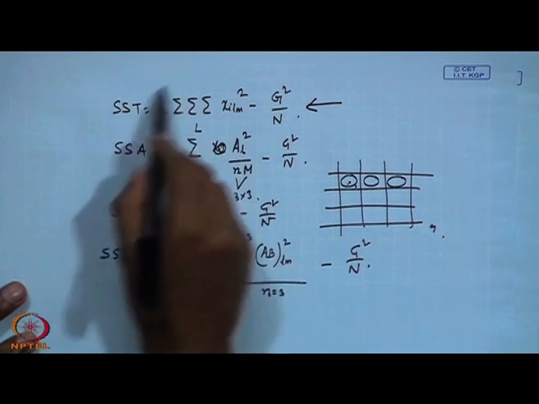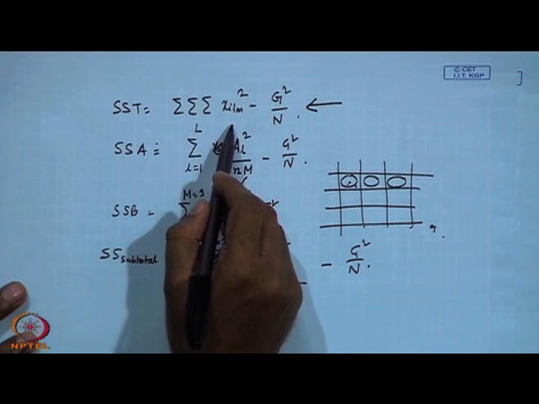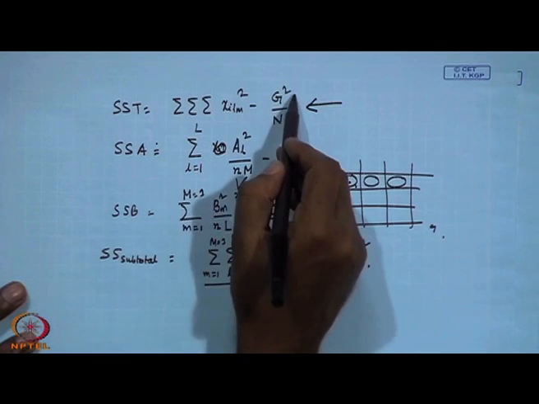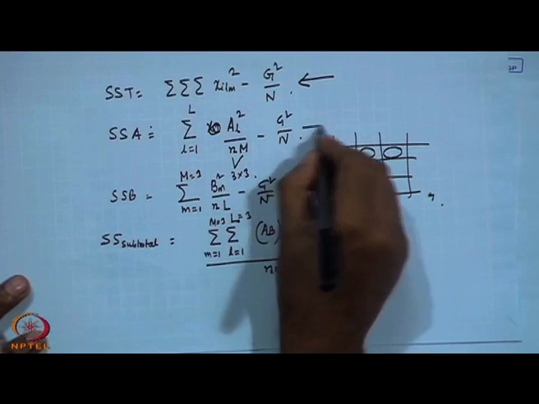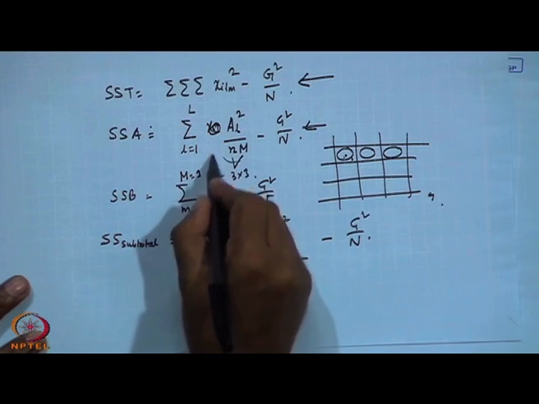All values in the table are squared and then added, then minus this. Now, for the second, SSA, you see what we have taken. We have taken the sum across the rows, 644, 695, 647, and these values you square first, then divide by nM, because 3 plus 3 plus 3, 9 values are there.